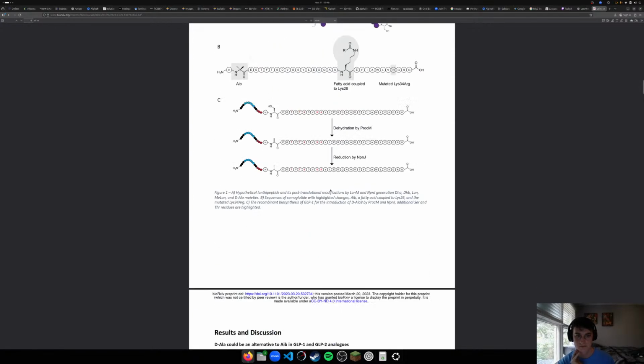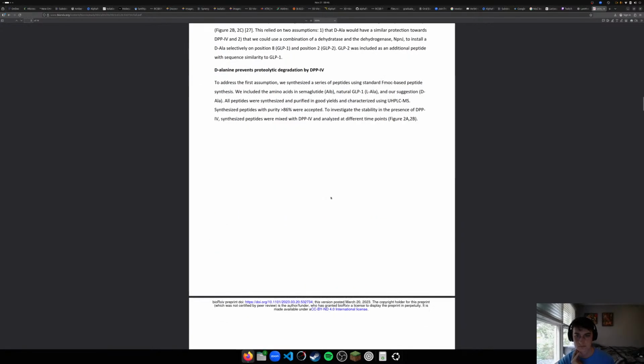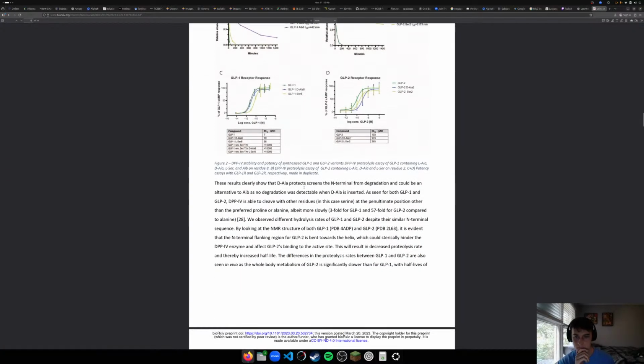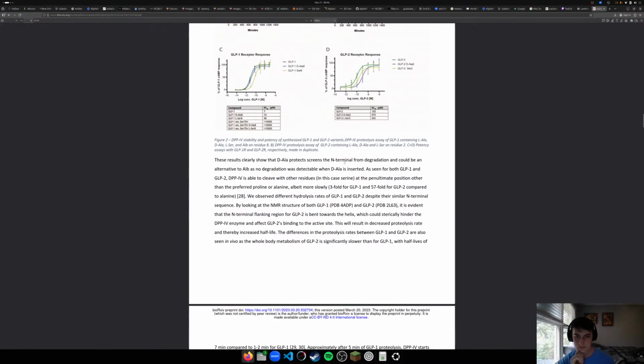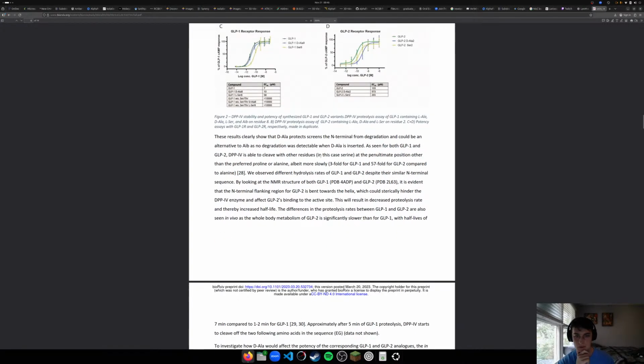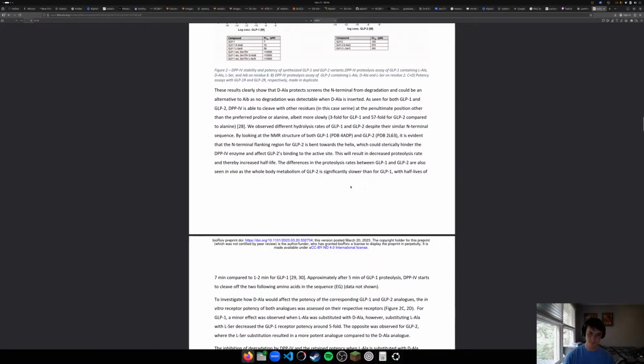That's pretty cool. Able to cleave with other residues. Penultimate position.